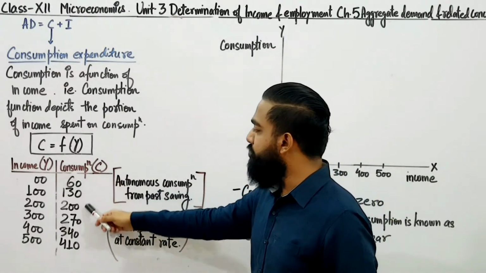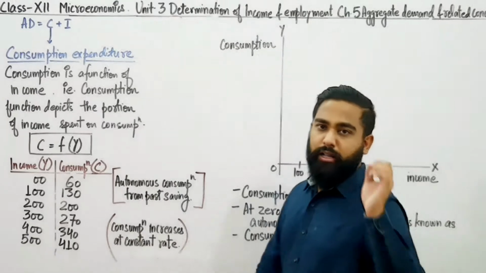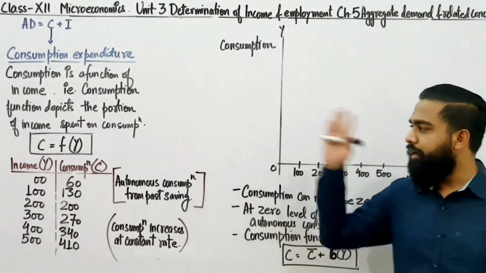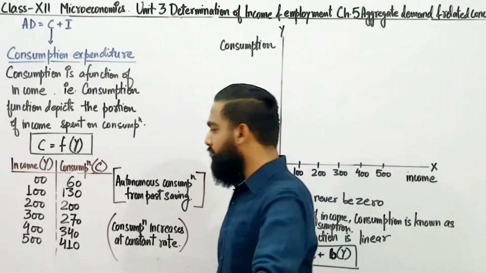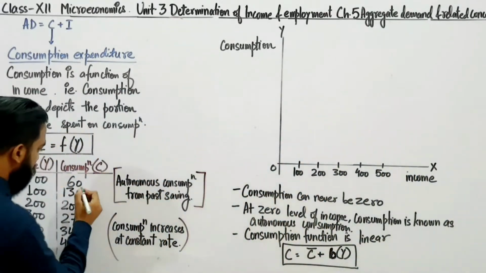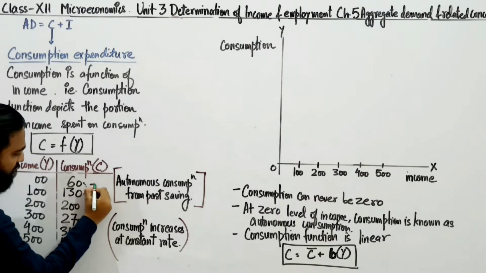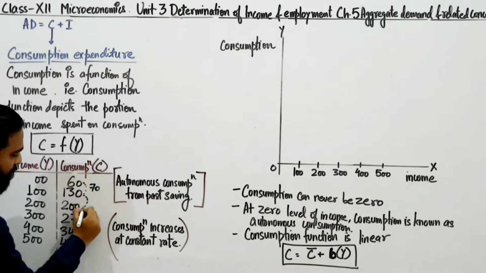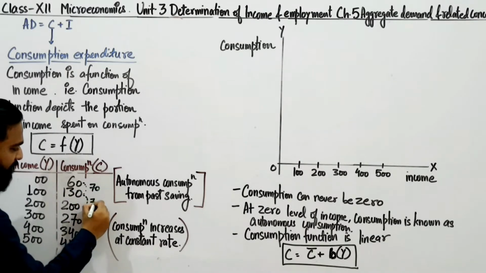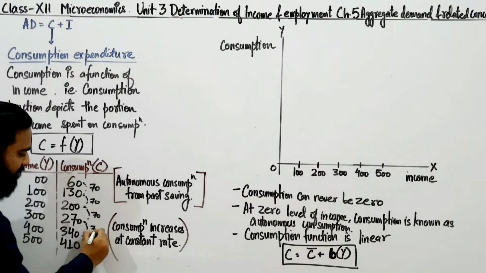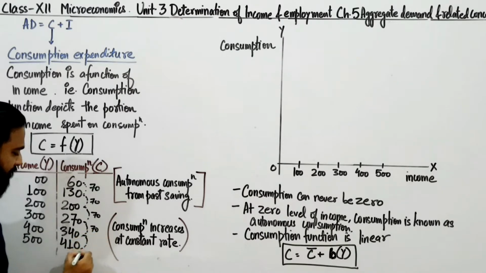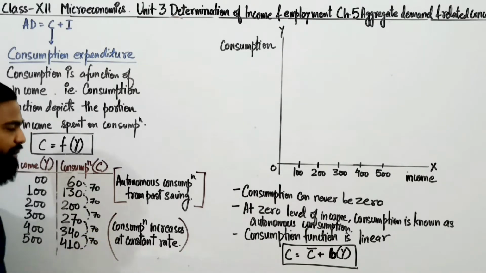Now, if you have noticed, the consumption is done in a similar pattern, there is a trend in this increase of consumption. If you notice, you will see 130 minus 60, 70. 200 minus 130, 70. 270 minus 200, 70. 340 minus 270, 70. 410 minus 340, 70.